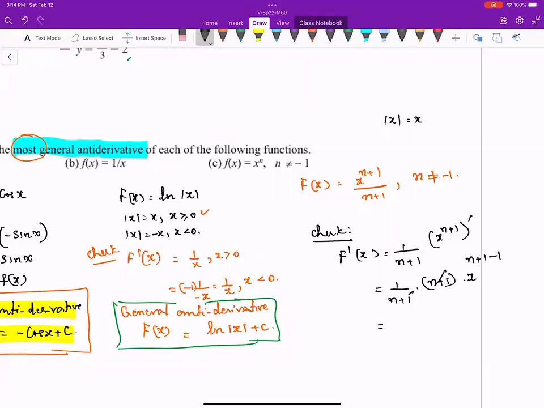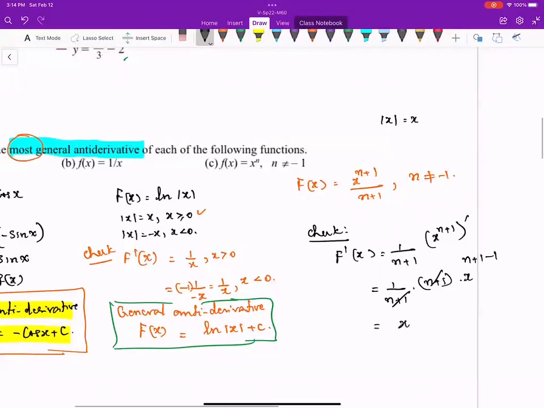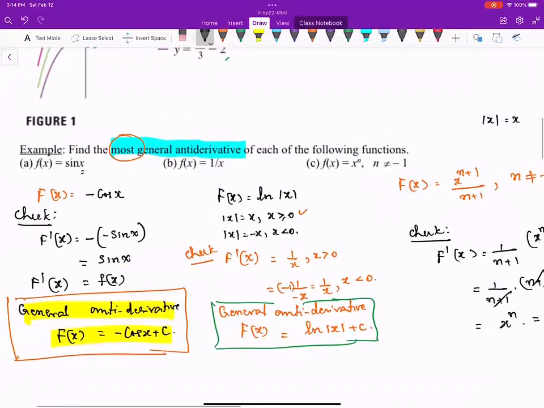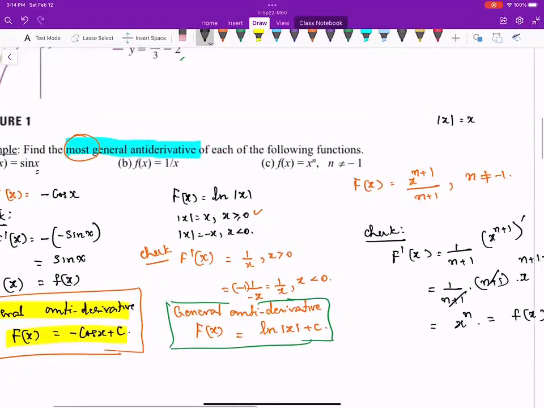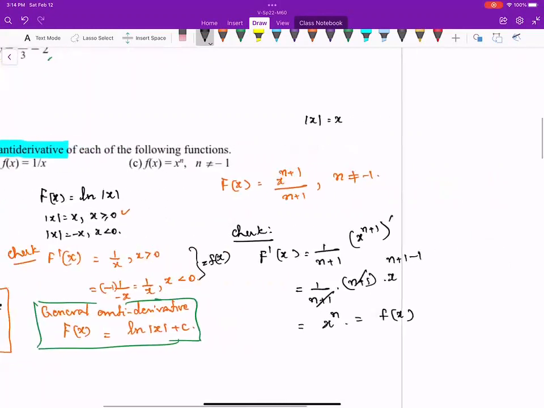That is, n plus 1 gets cancelled. So you get x to the n back, which is nothing but the given function. In both cases, it is equal to f of x. We have to say that.